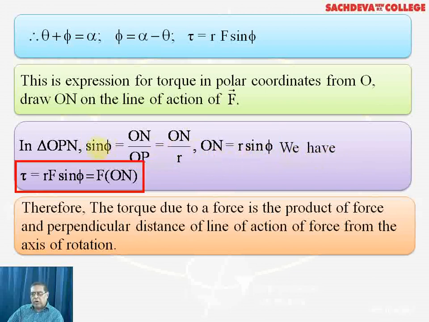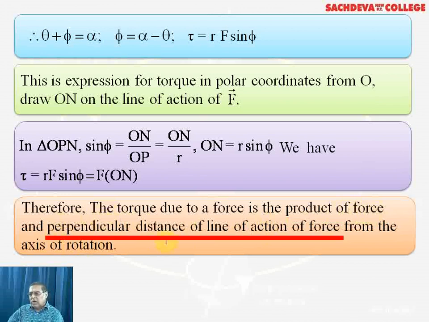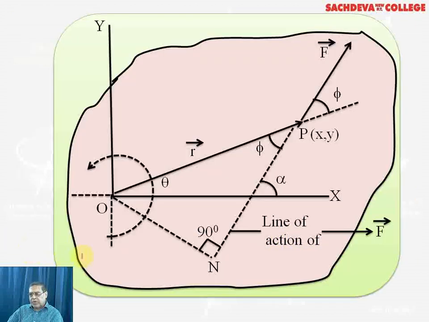We have torque as R into F sine phi, and R sine phi will be replaced by ON. Therefore, torque can be estimated as F into ON. Therefore, the torque due to the force is the product of force and the perpendicular distance of the line of action of the force from the axis of rotation.